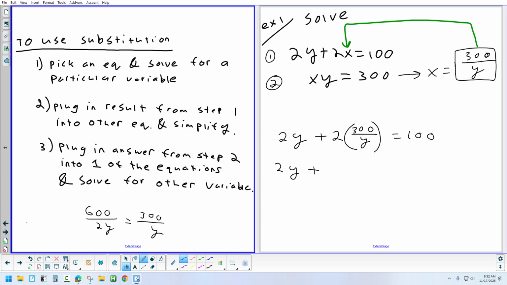So 600 over y. That's not the same as just 300 over y, because when we multiply by 2, we don't get back the same thing. Think of it as 2 over 1 times 300 over y.